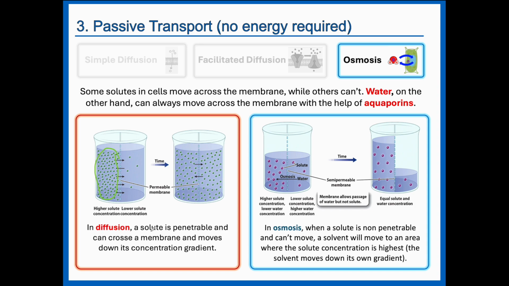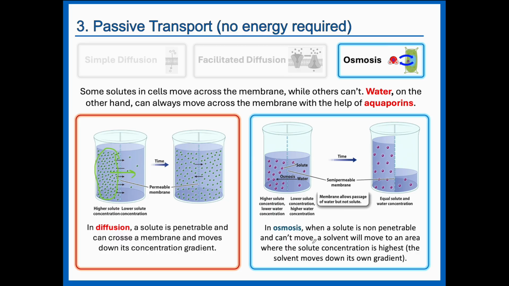In diffusion, we saw that a solute, like this green solute, is penetrable. They're able to cross the membrane and they'll move down their gradient, right? So over time, this permeable membrane will allow an equal balance of both the solutes on each side.